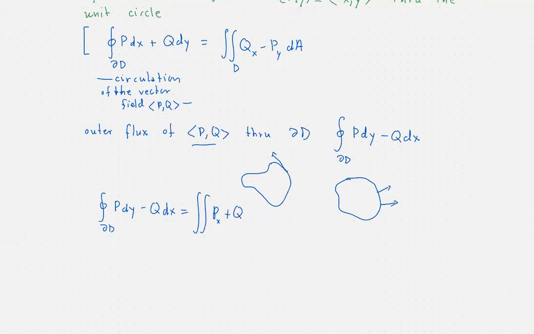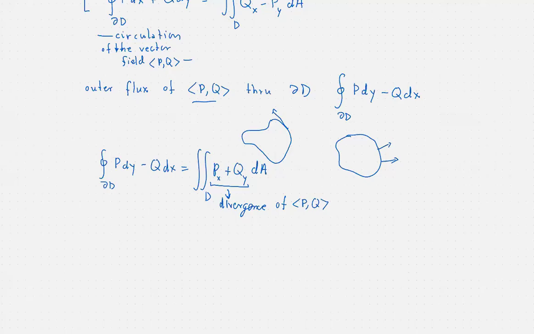It's called the divergence of PQ. And we're going to see a three-dimensional analog of this. But the bottom line is that people look at this form and they say, okay, this is a new theorem or this is a different formula. But it's not really a different formula.